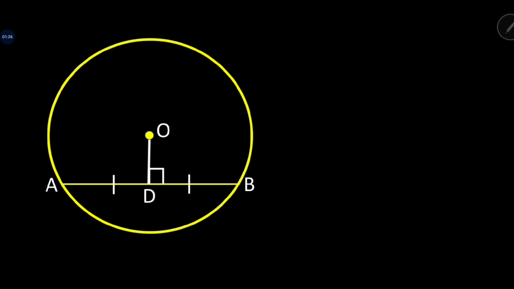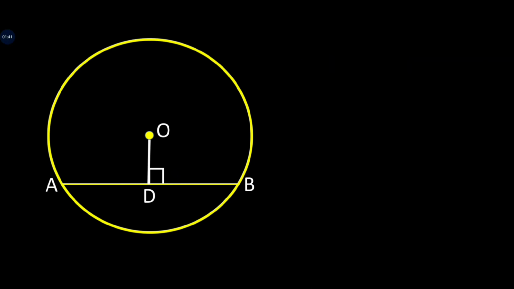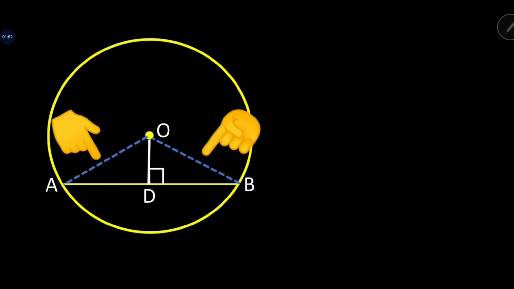So the next thing we want to do is prove this theorem by making a construction and then using the knowledge that we've spoken about, the triangles, the lines, and see if we can prove it. The first thing we need to do is make a construction, drawing from the center O to A, from the center O to B, such that we form two right-angled triangles.